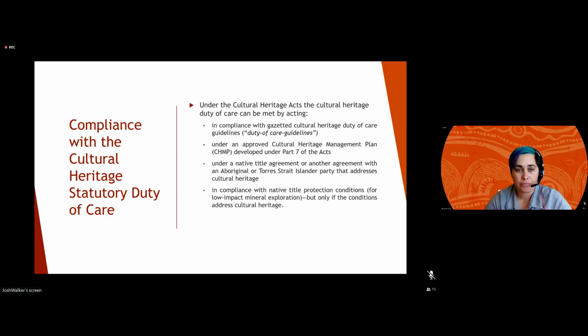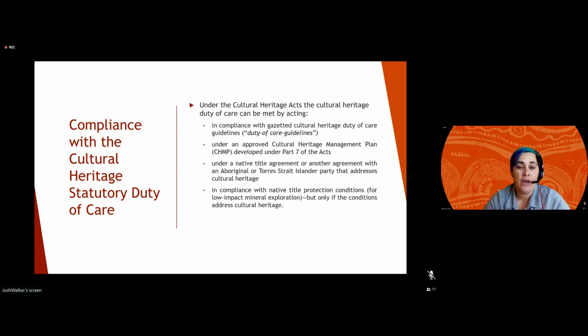So you can satisfy your duty of care by looking through the duty of care guidelines and going, yes, my activity fits in a particular category, and then that category in the guidelines tells you what steps you might need to take in relation to your engagement with the Aboriginal or Torres Strait Islander party.